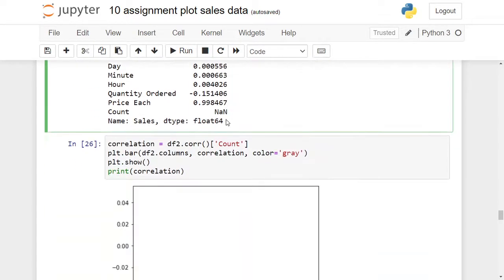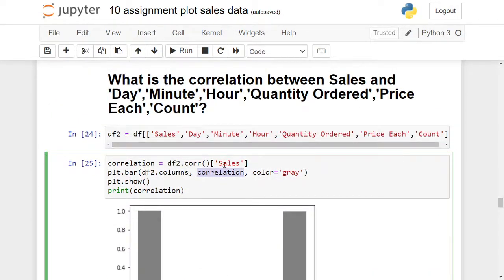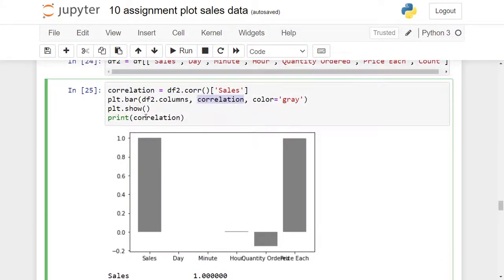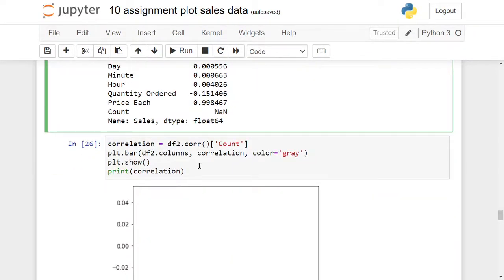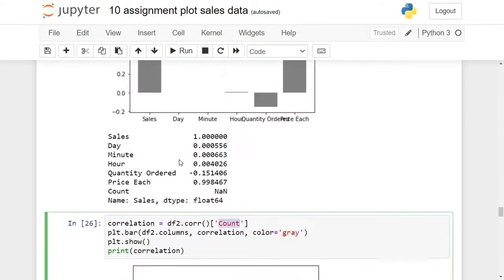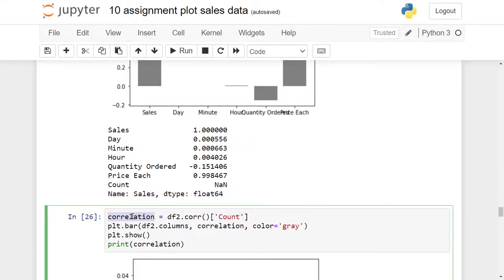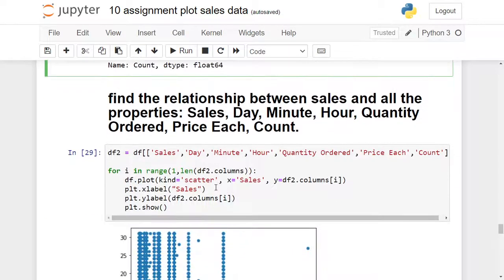So it's going to generate one by one. So we have the sales, and we plot that, that will be the correlation for one of those. And then you can do correlation with the count. So that will be the correlation, and then you get the count. Count has nothing to do with that.